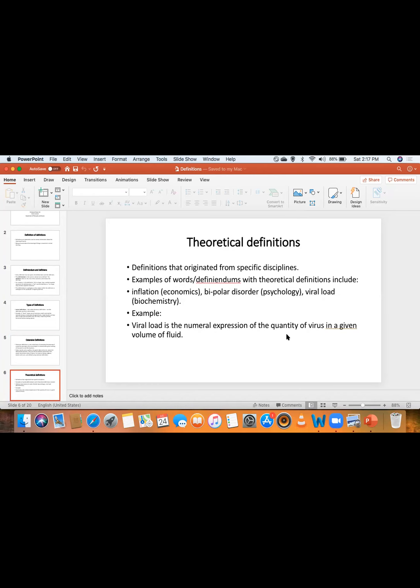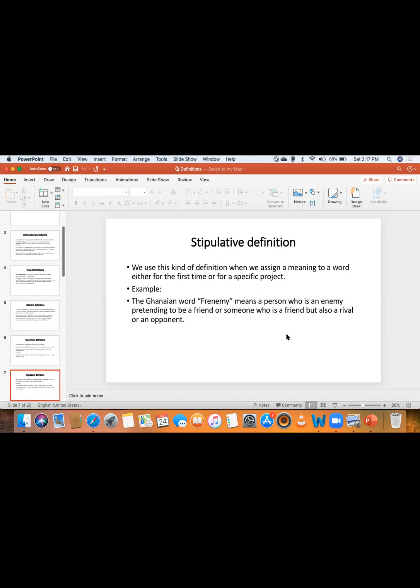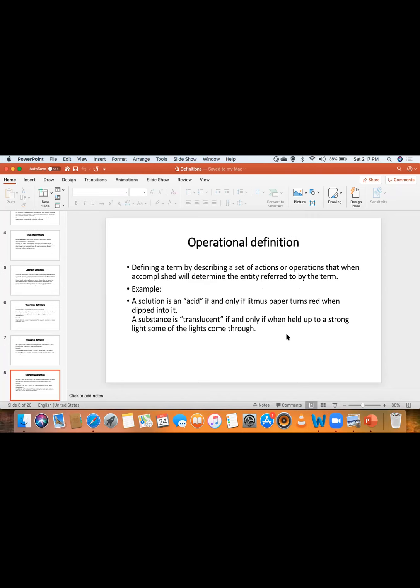Theoretical definitions originate from specific academic disciplines. We saw stipulative definitions, those that you can formulate at any time for a particular purpose. We saw operational definitions, definitions that outline a kind of procedure or operation.